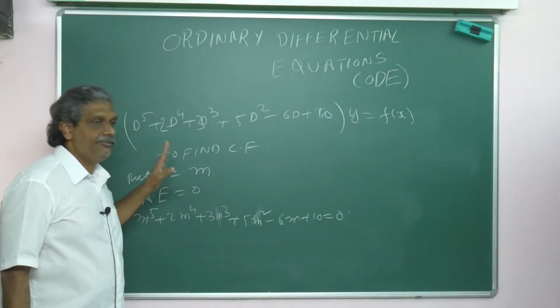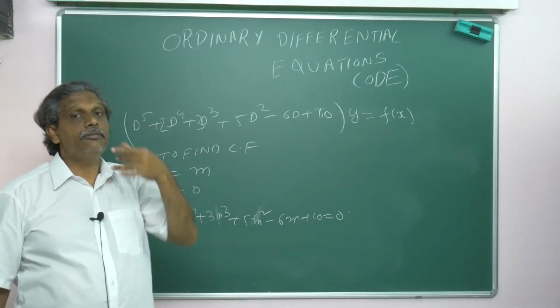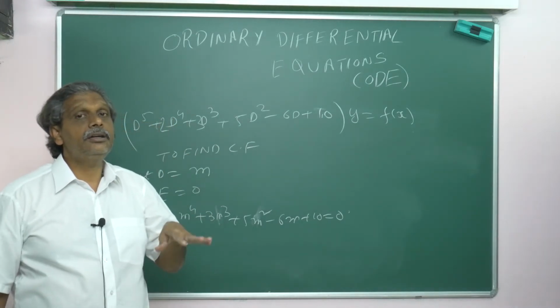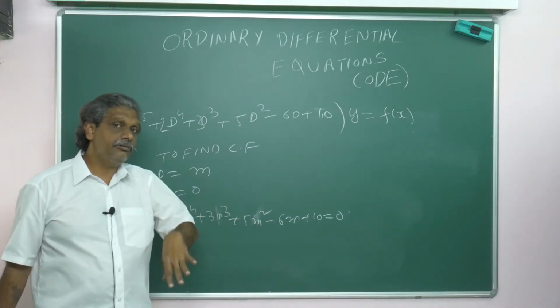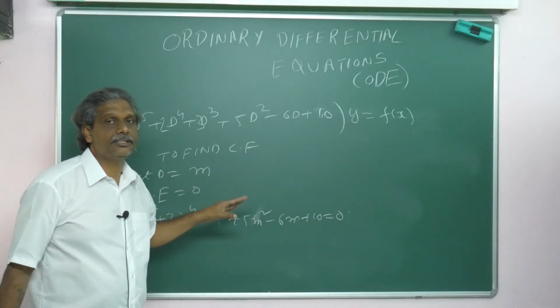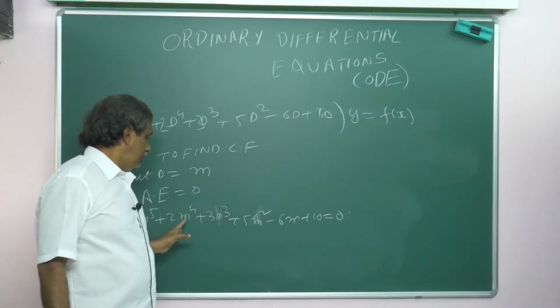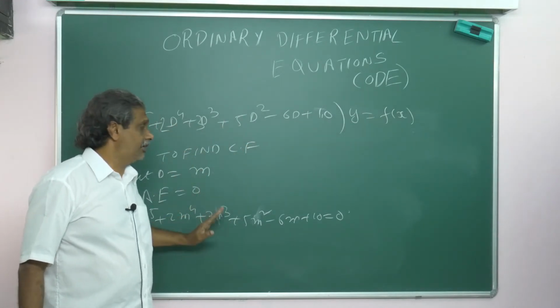Now we have the rules. Depending on how the roots appear, I will write the CF. First I will find the roots; how to find them, don't worry, I will explain one by one while doing the problems. Let us assume we have completed it and got the roots.